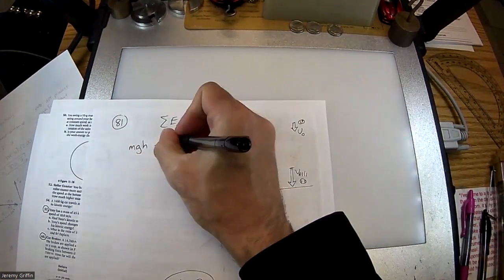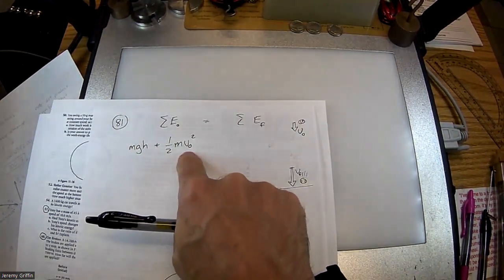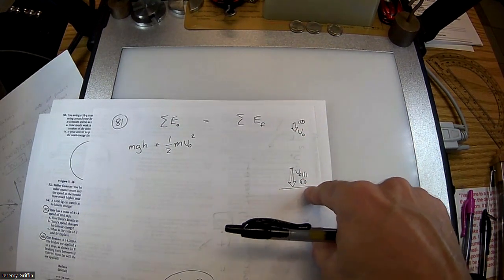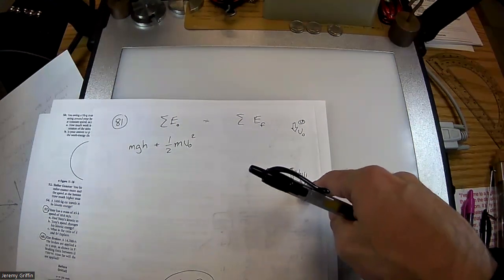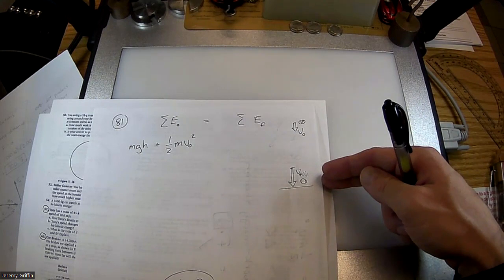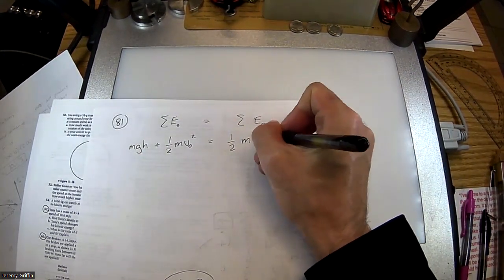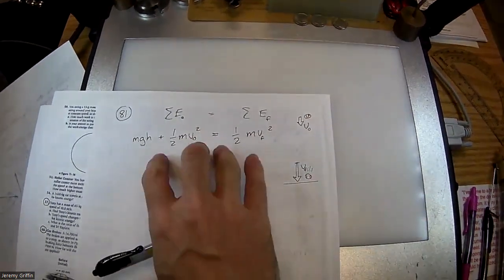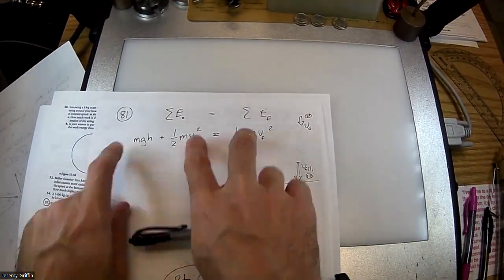Plus it also has 1/2 mv squared from the throwing, so put a subscript naught on that v, the throw speed. Then when it's about to hit the ground, it's pretty well lost all of its height, but it has all kinetic energy. So isn't that 1/2 m v final squared? There's your setup. And here's your 10 grams, it cancels out.